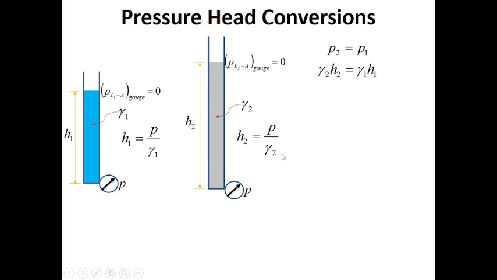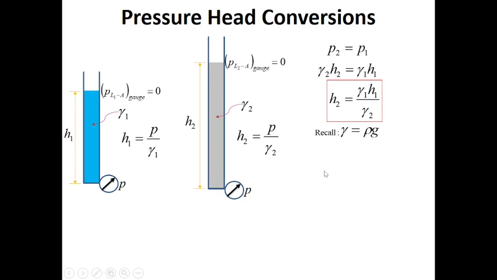So we have h2 gamma 2 equals P, the same as gamma 1 times h1. To find the height of liquid 2, we simply multiply the specific weight of liquid 1 by its height, then divide it by the specific weight of liquid 2. So that's the formula.